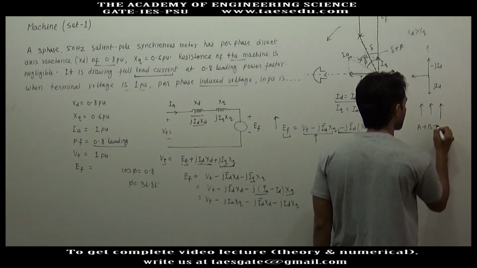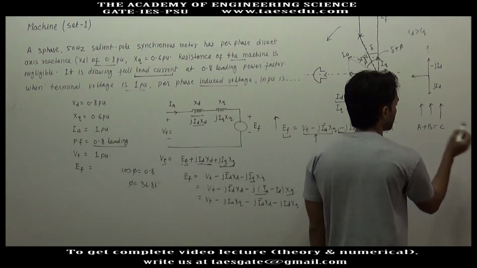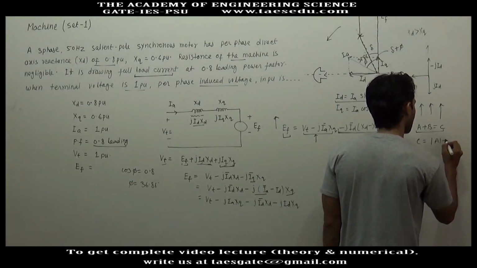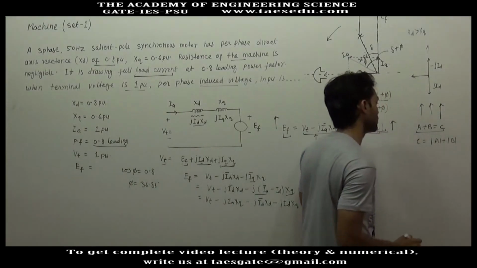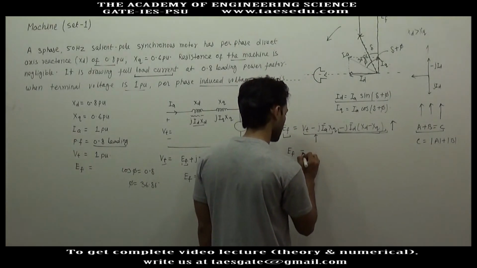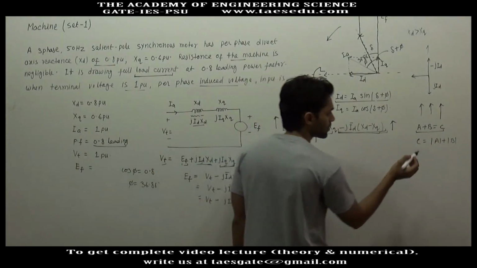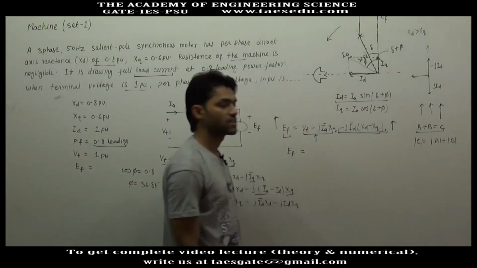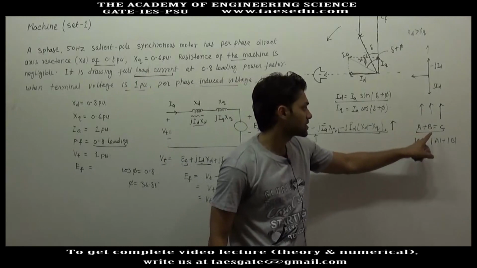Let's say A plus B is equal to C, and if all the vectors are collinear, C can be written as mod of A plus mod of B. Just take the magnitude of these two vectors and add them.